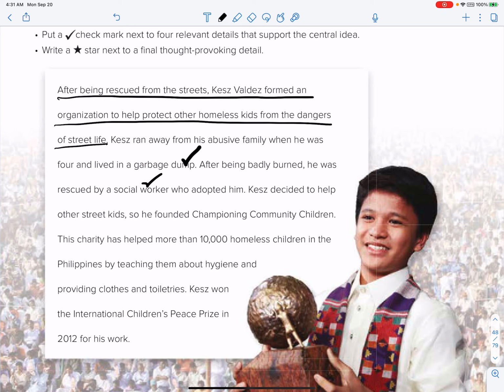He founded the Champion Community Children. And he has helped over 10,000 homeless children in the Philippines by teaching them about hygiene and providing clothes and toiletries. And the final thought-provoking detail is that he won the International Children's Peace Prize. So put a star there.